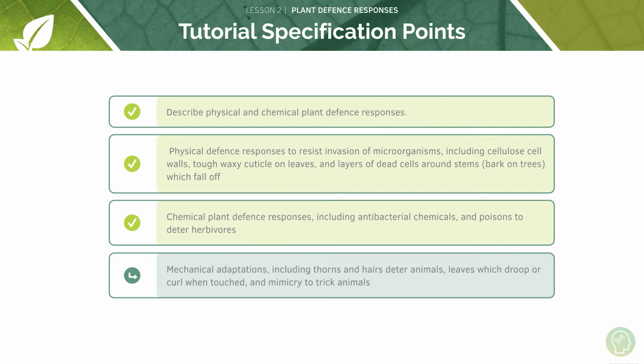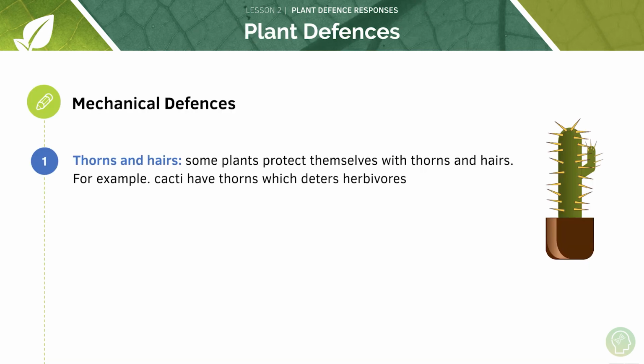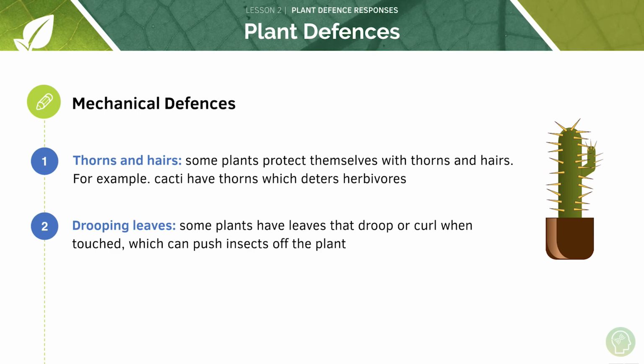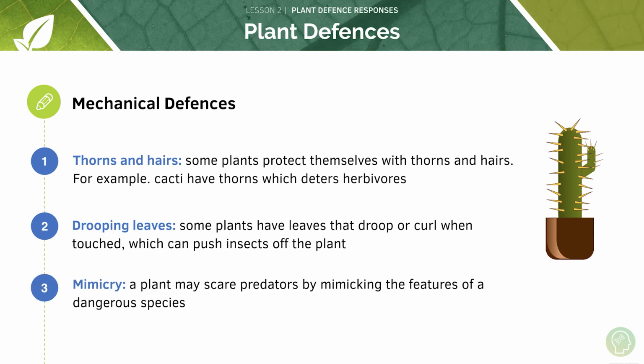And as well as physical and chemical plant defences, there are also mechanical defences. So some plants might have thorns and hairs, so for example cacti have thorns, and this can physically deter herbivores from eating the plant. Some plants might have leaves that droop or curl when touched, which can physically push insects off the plant.